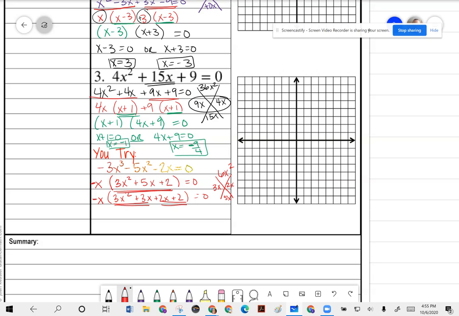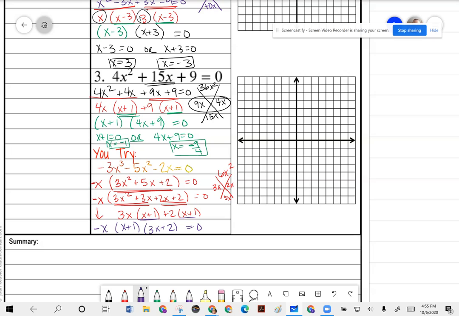I would have 3x times x plus 1 plus 2 times x plus 1. So the entire factors would be my negative x that I originally started with, x plus 1, because they both have x plus 1, and then I'd have 3x plus 2 as my leftovers.